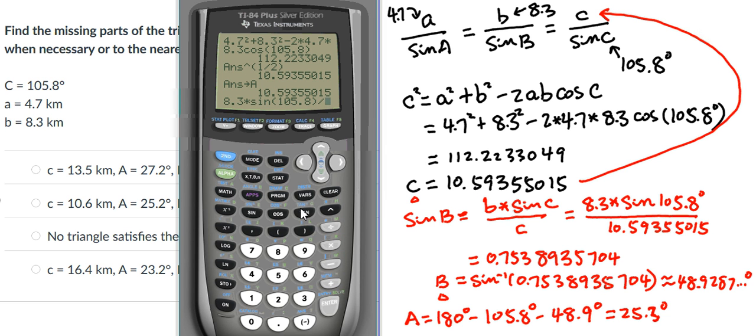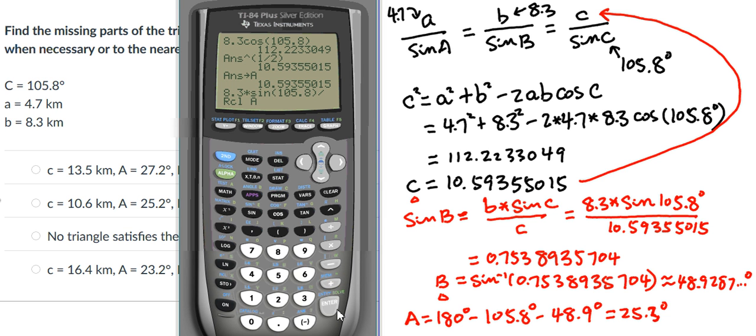So here I will do second recall, and it was in memory A. Okay, that's 10.593 something. So we are ready to hit enter.